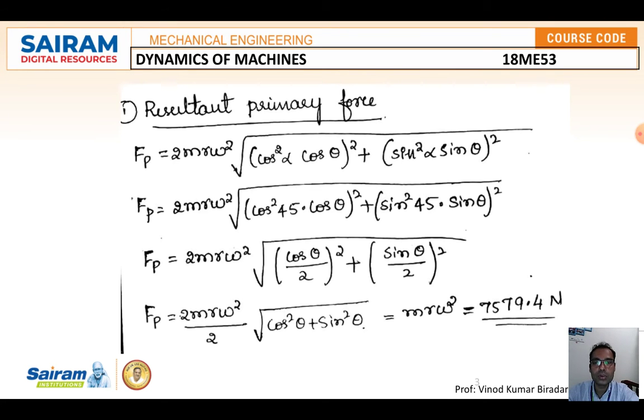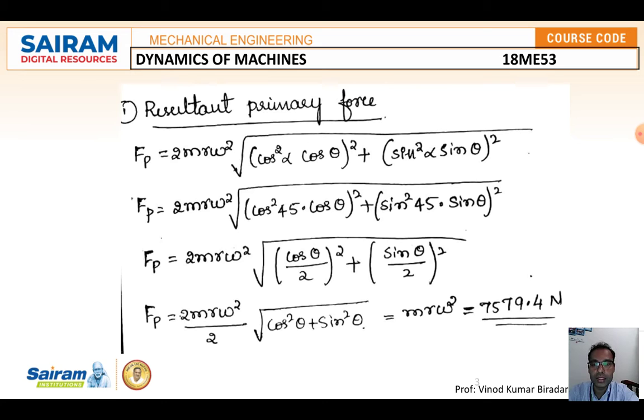So here it is cos square 45 into cos theta whole square plus sin square 45 into sin theta whole square. So the resultant primary force is 2 m r omega square times the square root of cos theta by 2 whole square plus sin theta by 2 whole square.